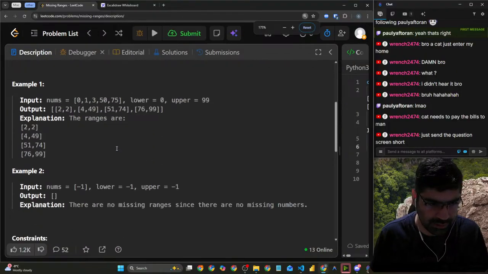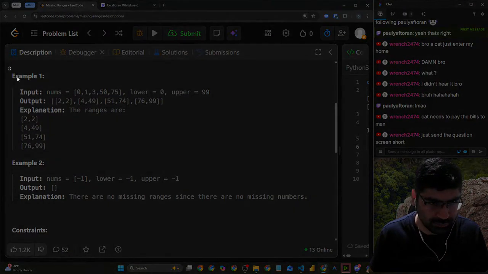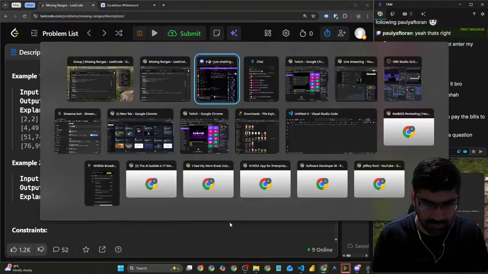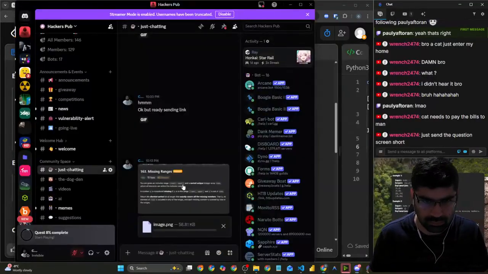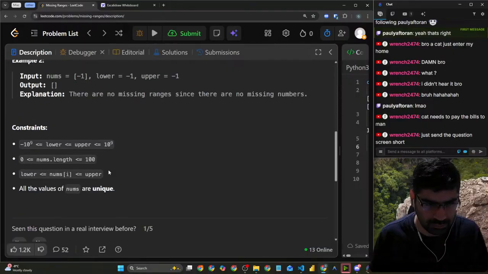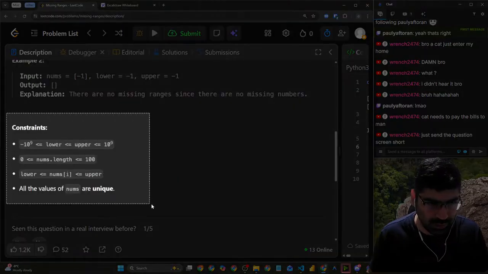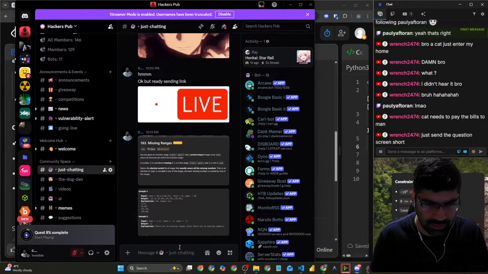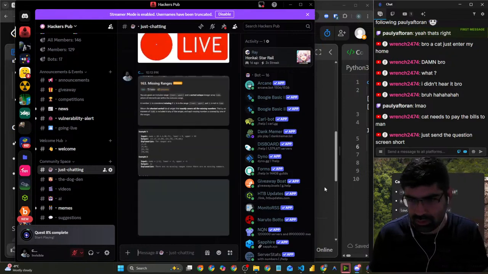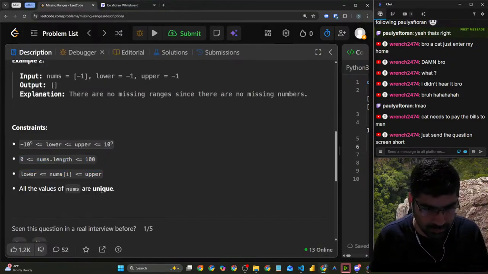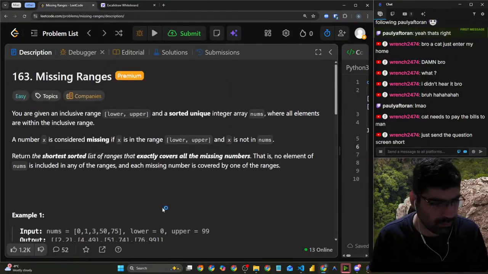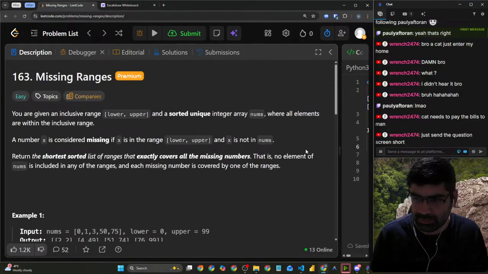I'll just send 3 screenshots. Constraints are this, so we can just go on. Shouldn't be that hard, right?